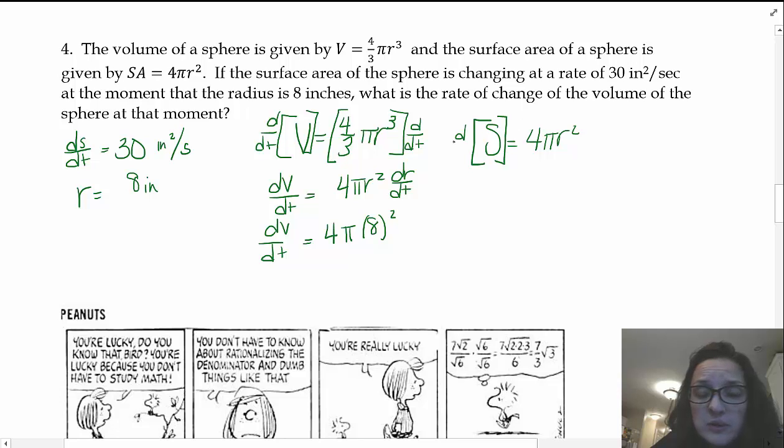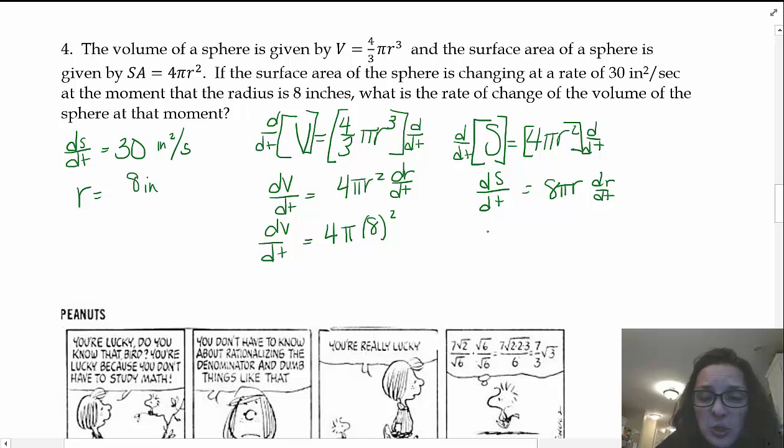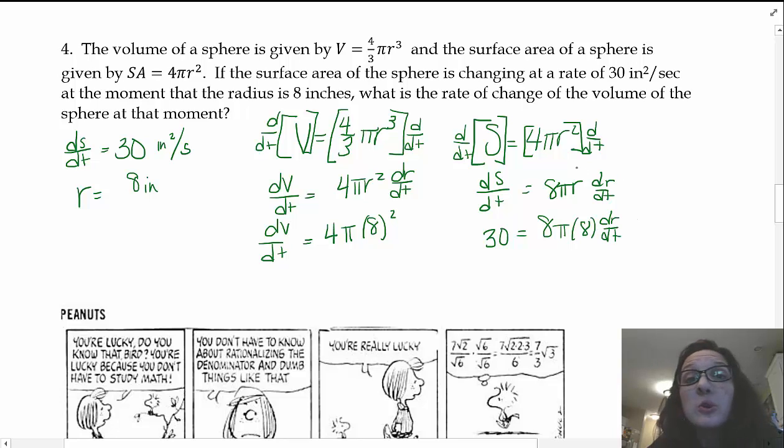I'm going to take the derivative of surface area with respect to time, and I'm going to get dS/dt equals 8 pi r dr/dt. They told me dS/dt is 30, so I'm going to substitute that. So 30 equals 8 pi times 8 dr/dt. And there we go. Now I can solve for dr/dt and substitute it in.